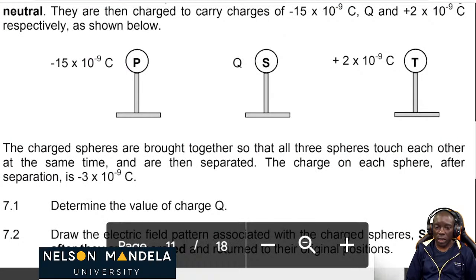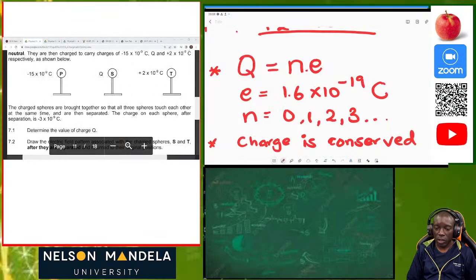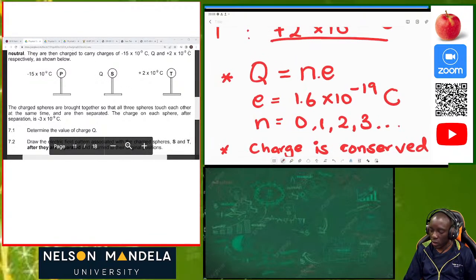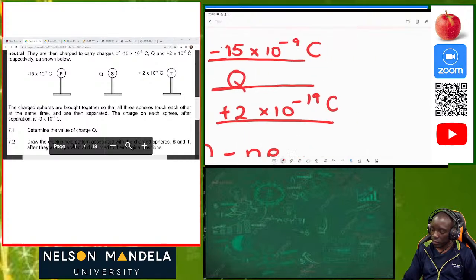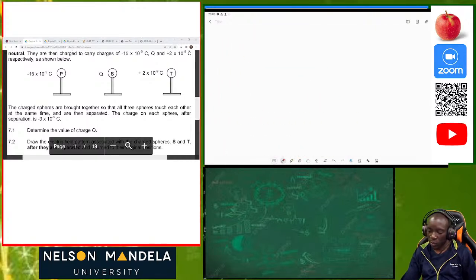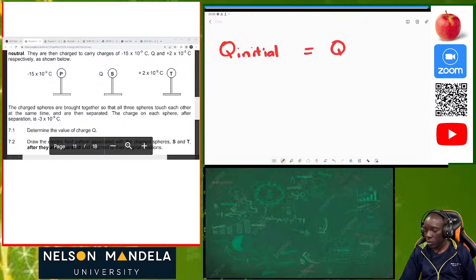So the first question here is to determine the value of charge Q. Knowing that charge is conserved, the total charge before redistribution, or before contact, should be equal to the total charge after contact. So using that property of conservation of charge, Q initial should be equal to Q final.